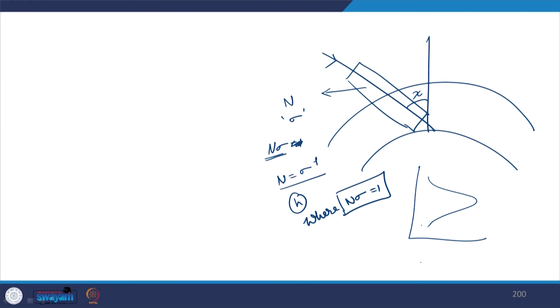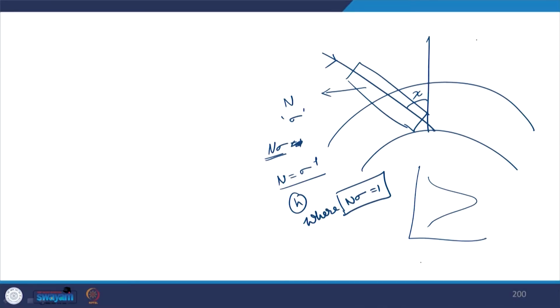Its shape depends jointly on the nature of the gas and the angle at which the radiation arrives, or the time during which you plot it. Time is an indirect function of the angle, right. So let us say at noon the sun is exactly overhead, so the angle is 0.